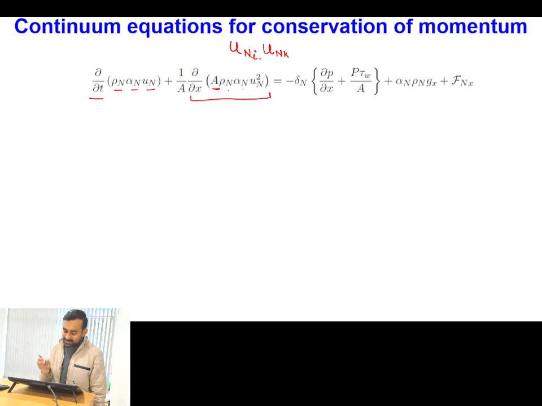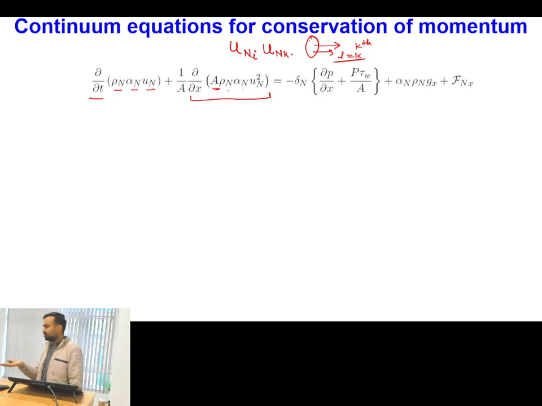But when we are talking about one dimensional, area averaged flow, my variation will be only in this direction, so this will be my kth direction, and as we are considering the momentum exchange only in the kth direction, i will be equal to k. So these two velocities u n i and u n k become the same, and as we are referring to only a unique direction, we are not using any index as subscript. So we are getting this as u n square.